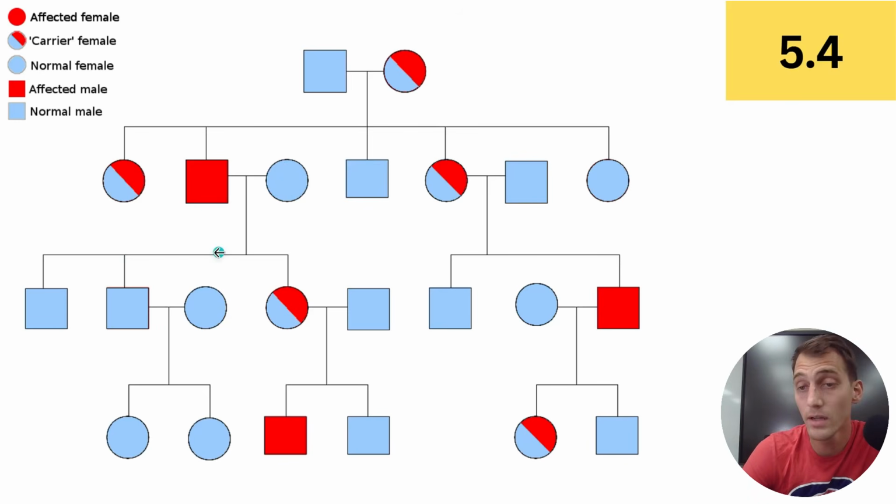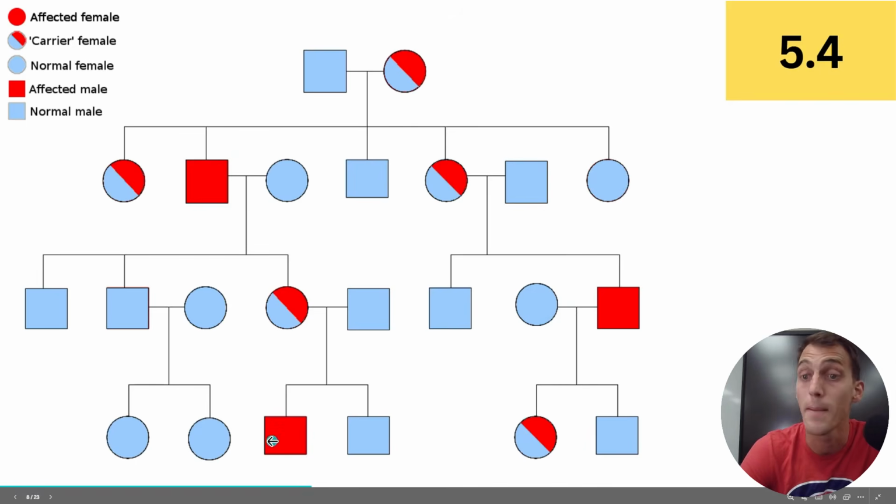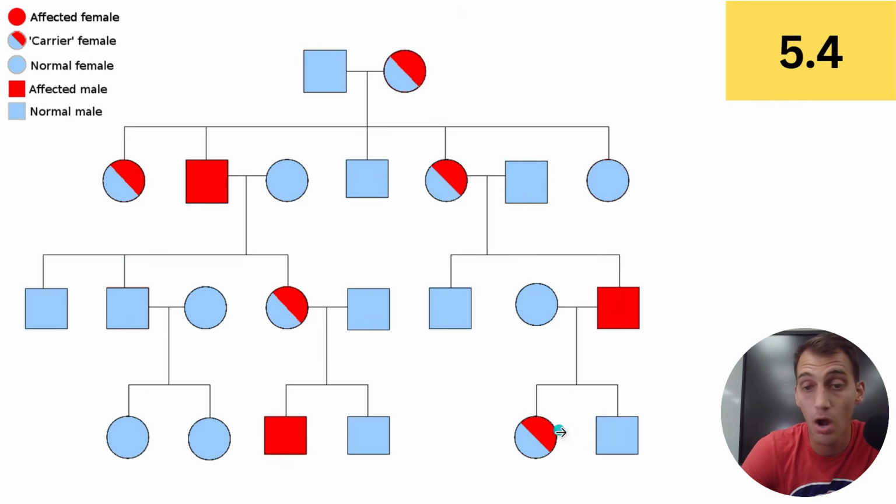Hey, check it out. We can tell that this is sex-linked recessive because it's more likely that the males are becoming colorblind, let's just say here, and the females are not colorblind. They're going to be carriers, and you can follow this mode of inheritance down here. Here's the colorblind son.